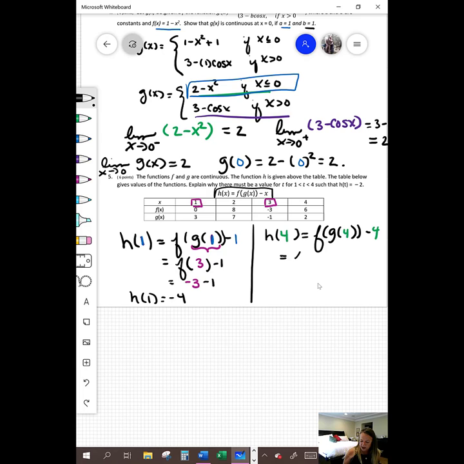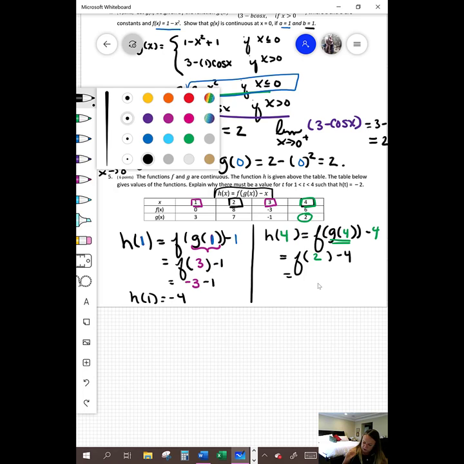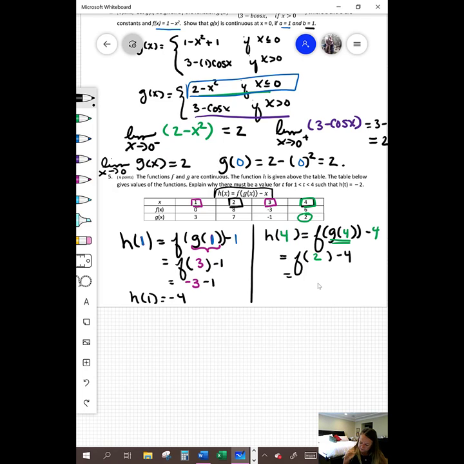So this is equal to f of, well, g of 4, when x is 4, g of 4 is 2. So f of 2 minus 4. Let's look at f of 2. When x is 2, f of 2 is 8. So this is equal to 8 minus 4, which is 4. So we found that h of 4 is 4.